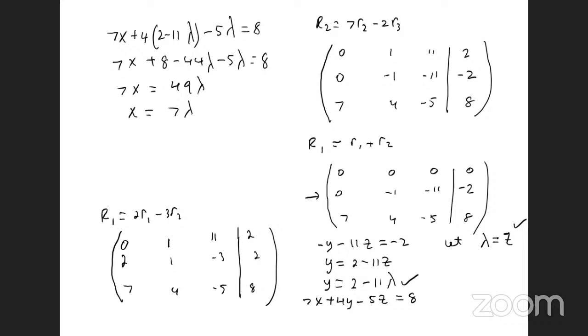Anyway, let's pretend that that's correct. We know what x is, what y is, and what z is. So we write x, y, z is equal to 7 lambda, y is 2 minus 11 lambda, and z is equal to lambda.